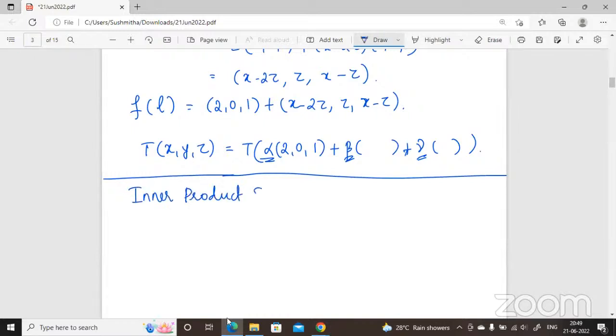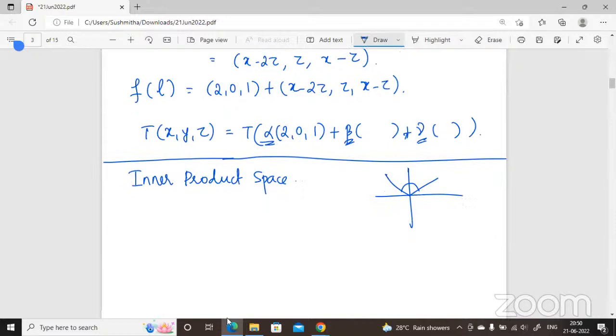An inner product space is nothing but, you know what dot product is, right? What dot product is actually doing in R2, R3 and all that. You have two vectors, and the dot product is going to give the angle between them. You know the formula, cos theta equals. In general, in abstract spaces, there is no concept of angle.